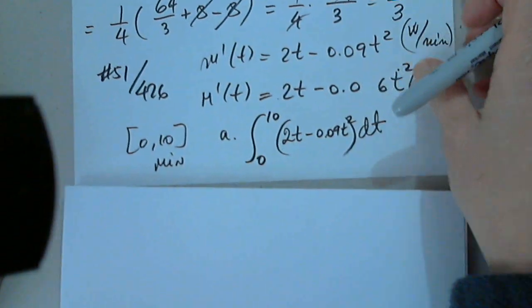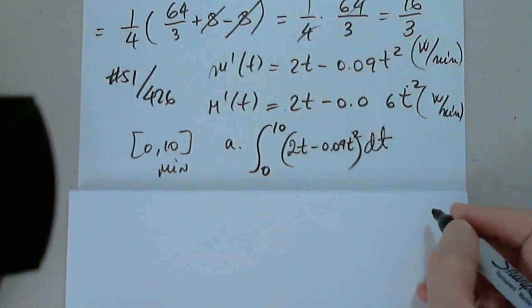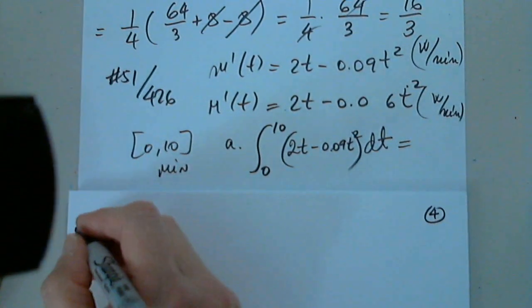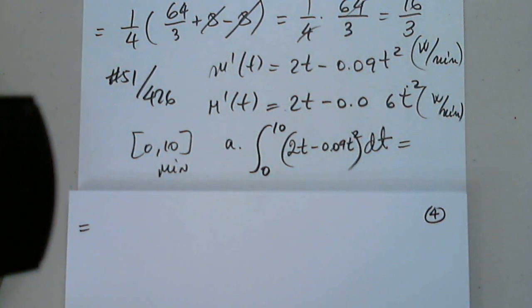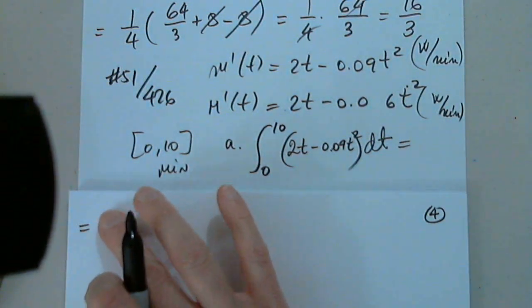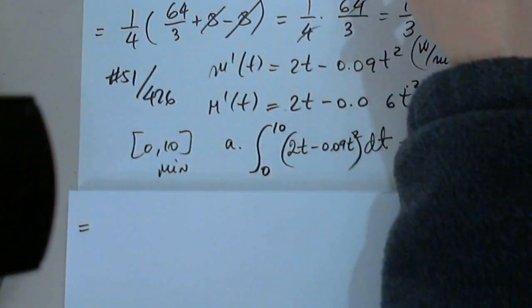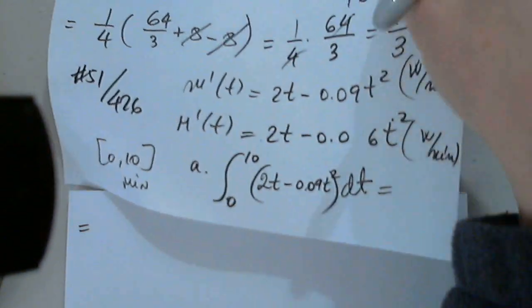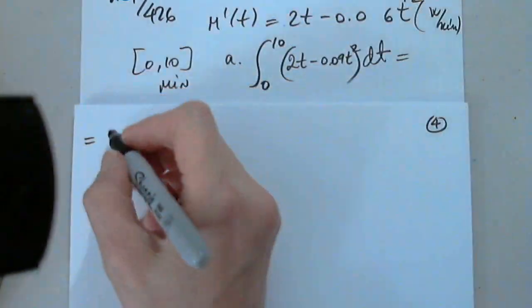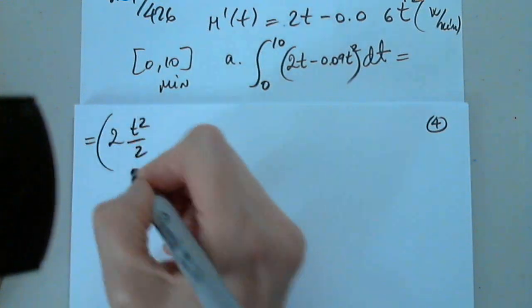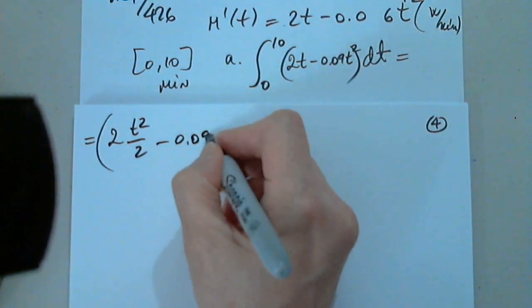Good, so let's continue. How do I find this? Anyone would like to help? Which function prime is 2t? 2t squared over 2. Yes. Minus 0.09.